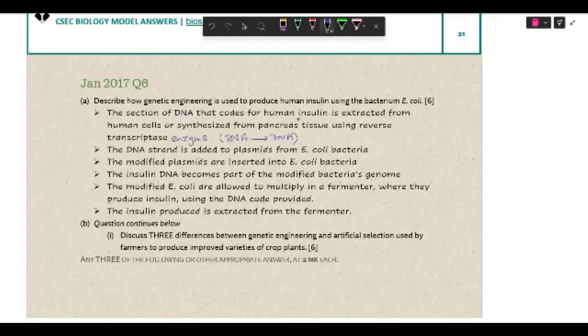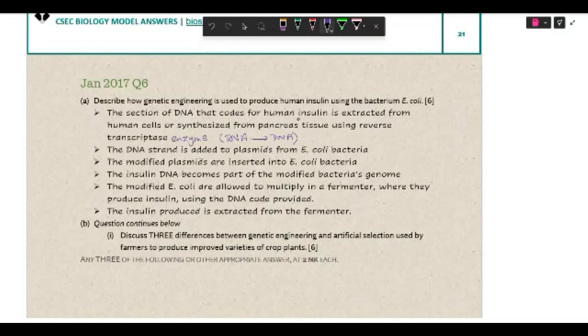So if I go into pancreas tissue and I extract the RNA, a large portion of that RNA is going to be for insulin. And so once I can isolate that RNA, I can then use the reverse transcriptase enzyme to take that RNA and then produce a DNA strand based on the RNA, right?